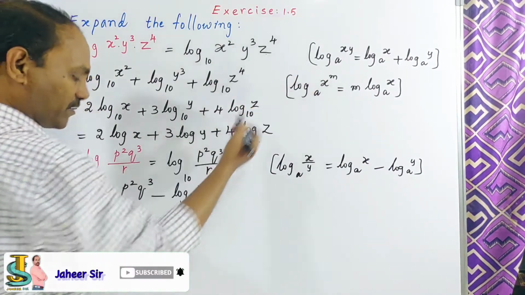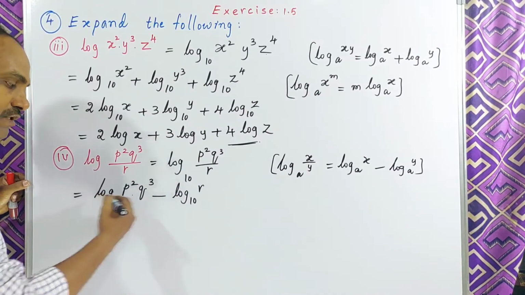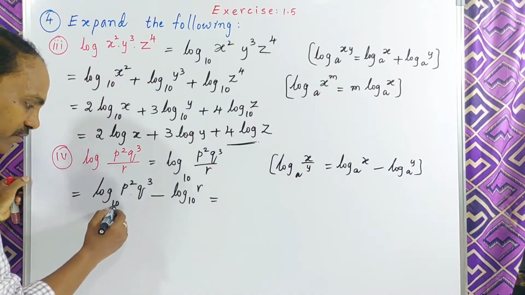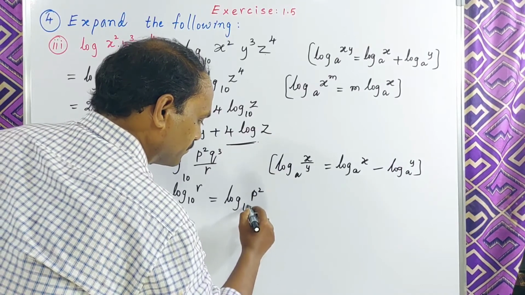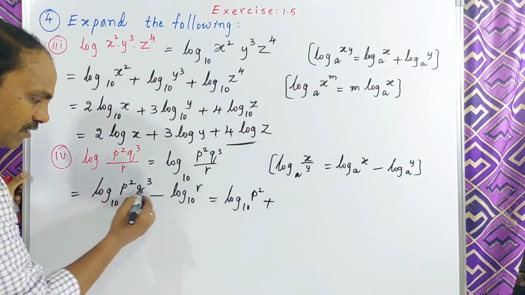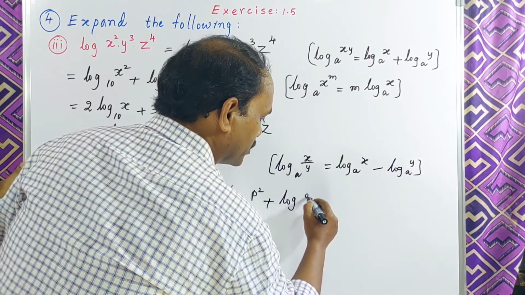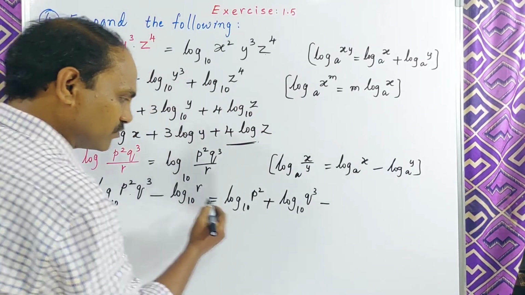Again by using this formula, multiplication is there, so expand this one: log p square to the base 10 plus log q cube to the base 10 minus log r to the base 10.